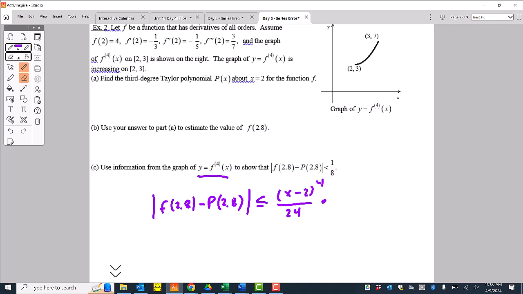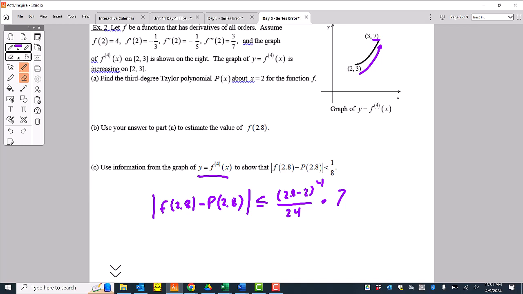Well, this seems a little weird, but if we look, this is an increasing function with a maximum value at 7. So that means the maximum is going to be 7. And then we can actually plug in the x we want. We want 2.8, so we'll put 2.8 here. And then we would simplify it down.